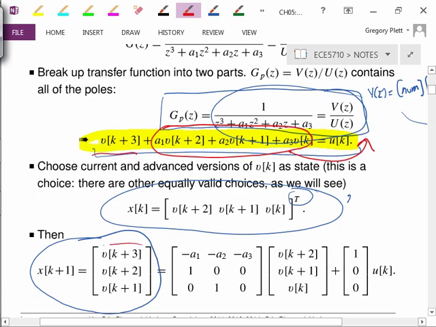So v of k plus 3 is equal to minus a1 v of k plus 2 minus a2 v of k plus 1 and minus a3 v of k when all that stuff is brought over to the right side. And then don't forget that, plus 1 times u of k.